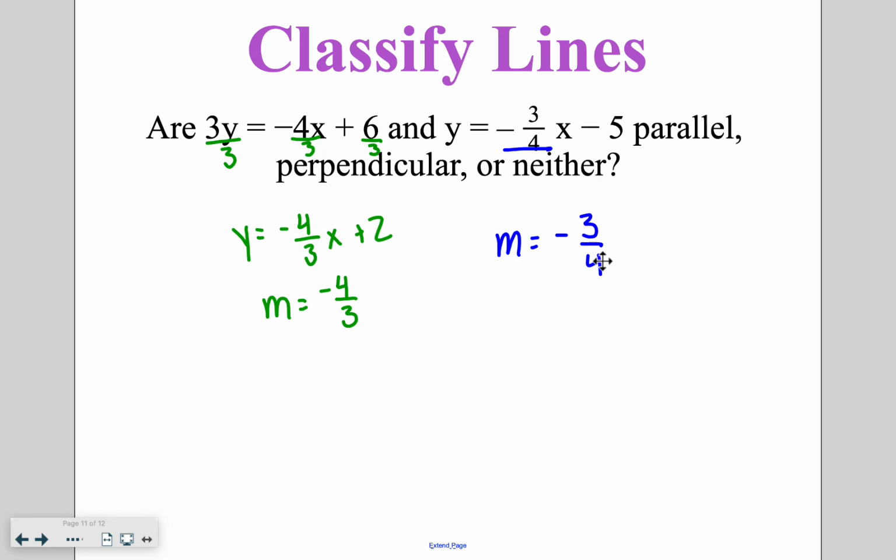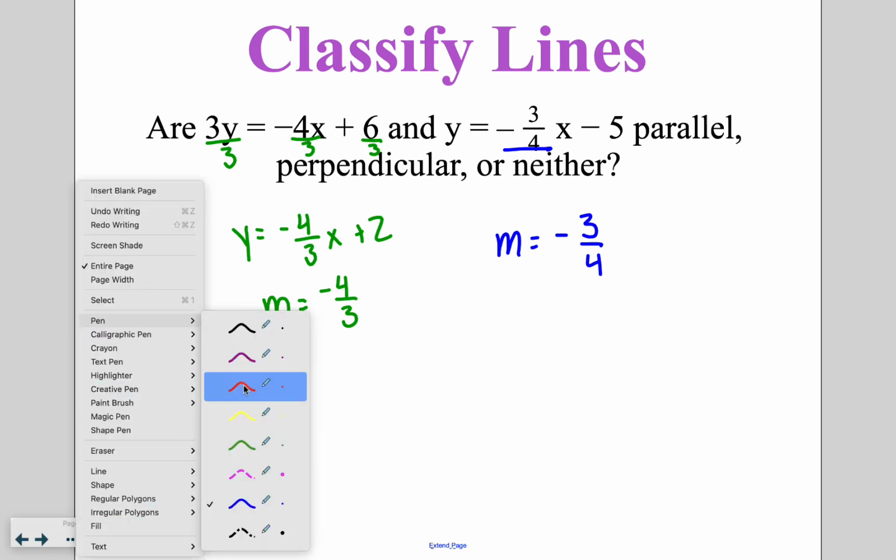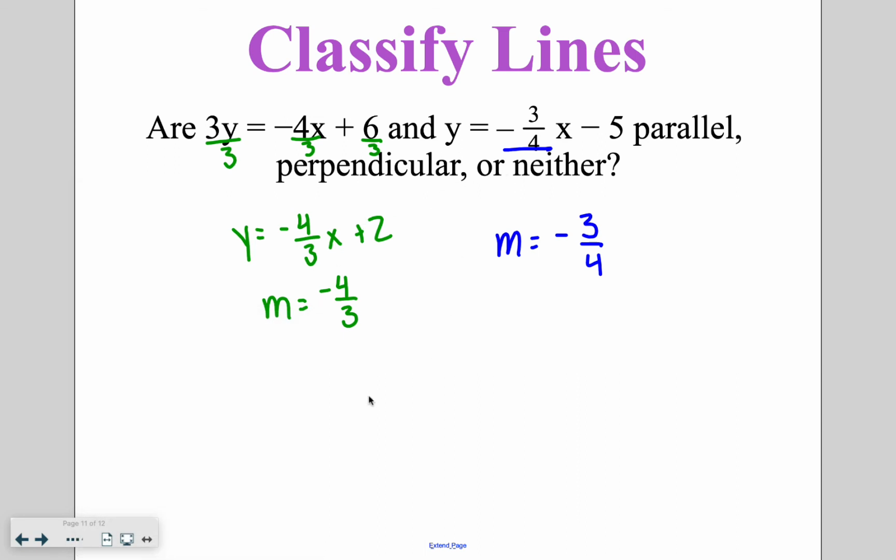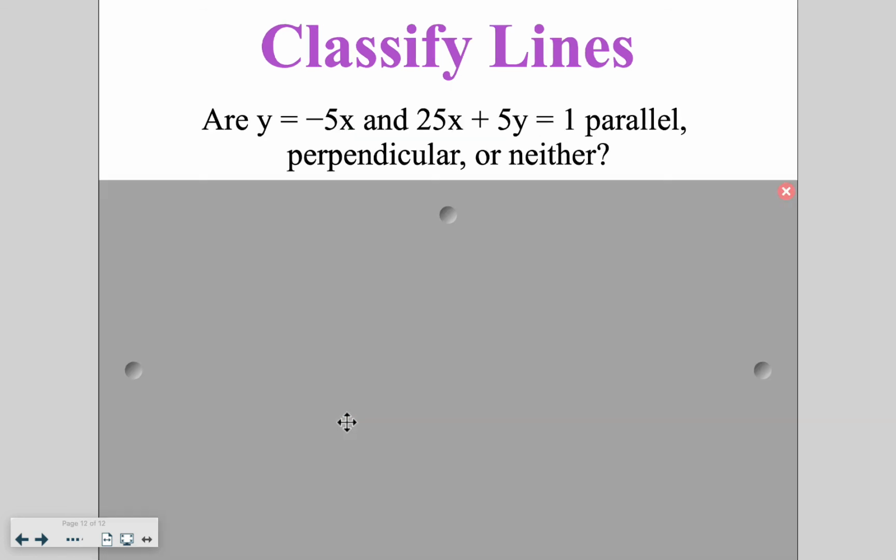The bottom and the top get flip-flopped, but they are both negative, so they are not opposites. Since they are not parallel, nor are they perpendicular, the relationship between these two lines would be neither. They are not perpendicular and they are not parallel. Go ahead and try this one on your own.